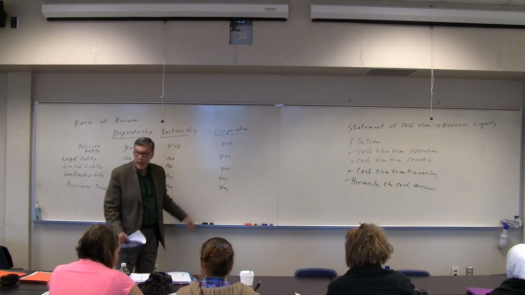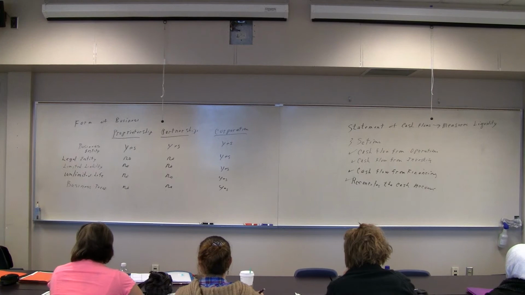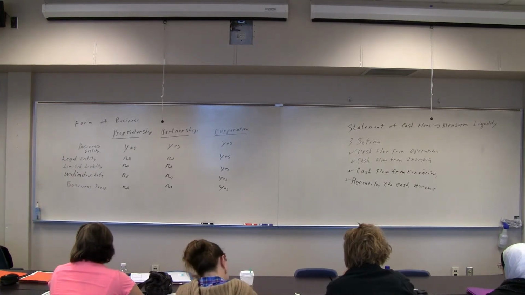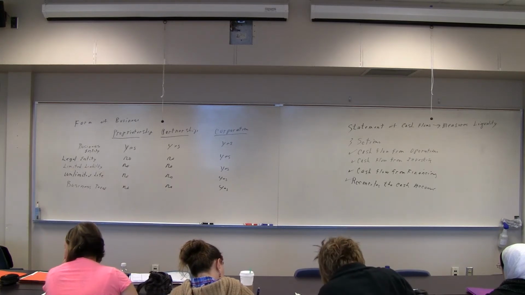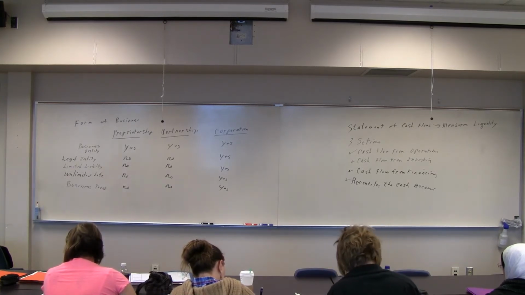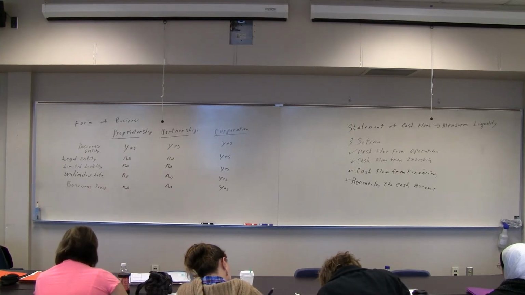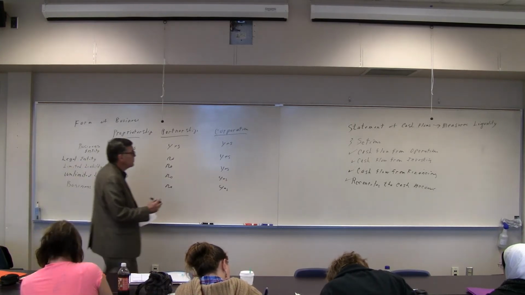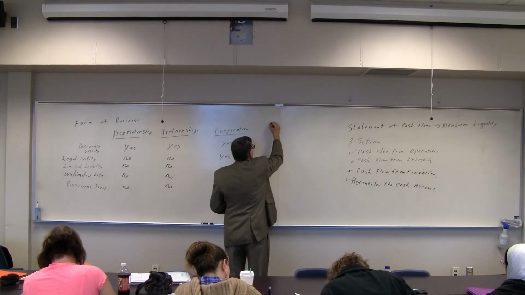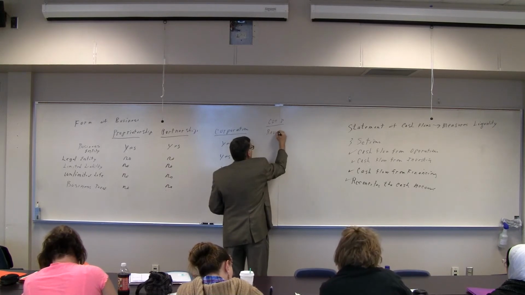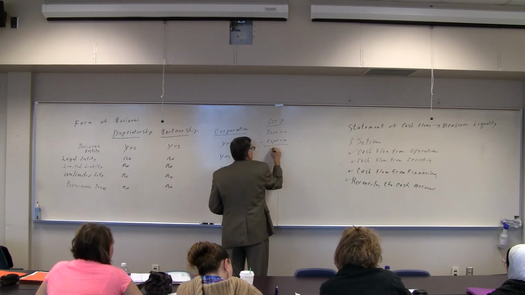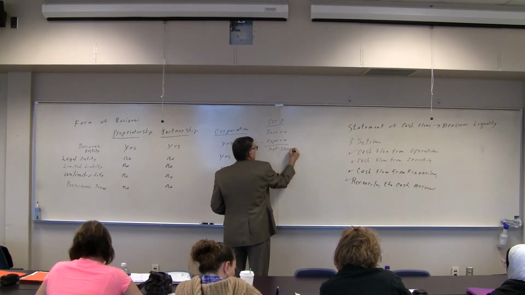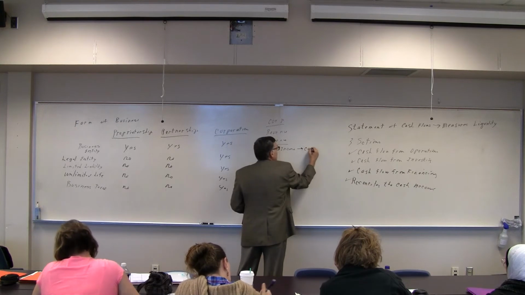A corporation is taxed. So a corporation can have double taxation. So let me show you how this works. So here you have a corporation, right? So here you have revenue minus expense equals net income. Okay. Now, this is subject to a corporate tax.